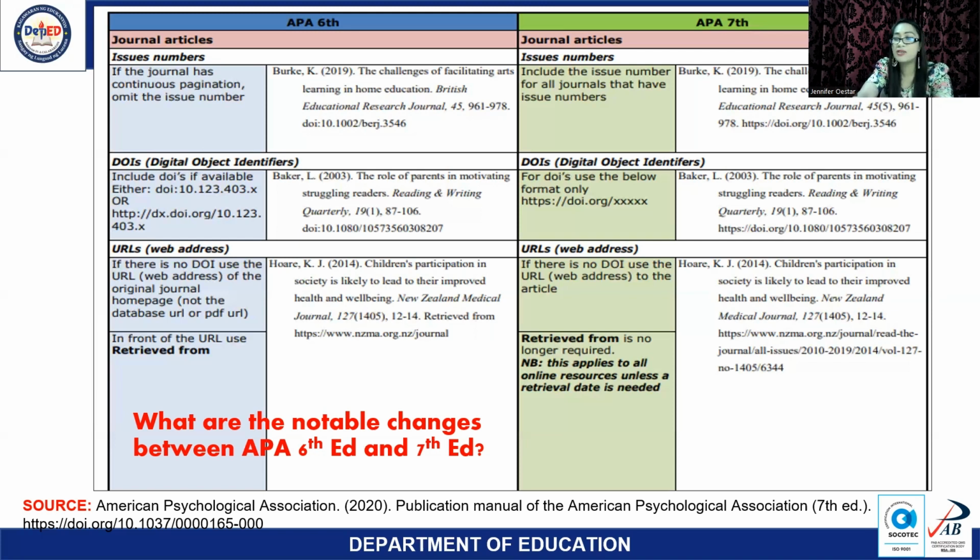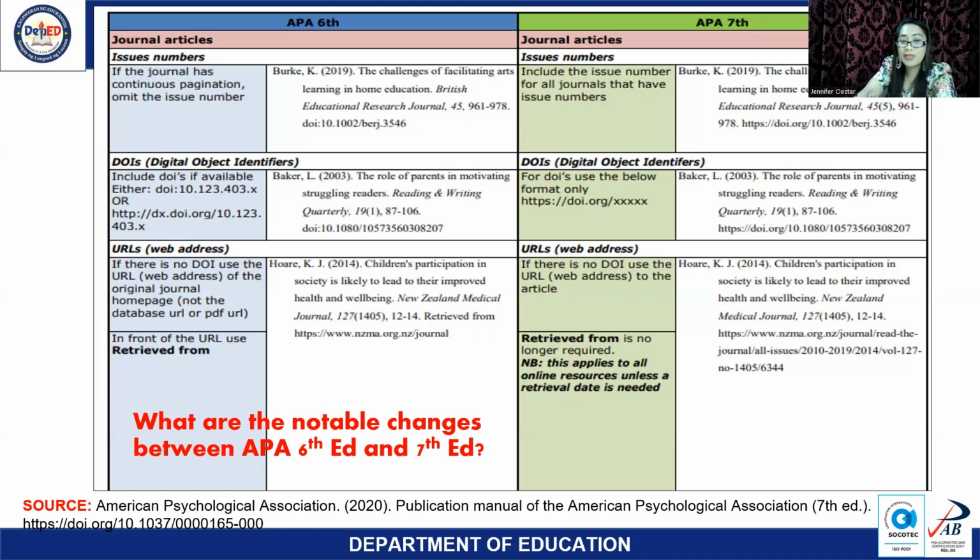But here in the seventh edition, for DOIs, use the below format only. See the difference? Instead of just writing DOI, we replace it with https://doi.org, then the number issued by the journal publication.